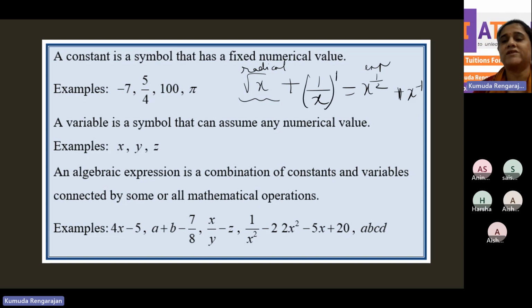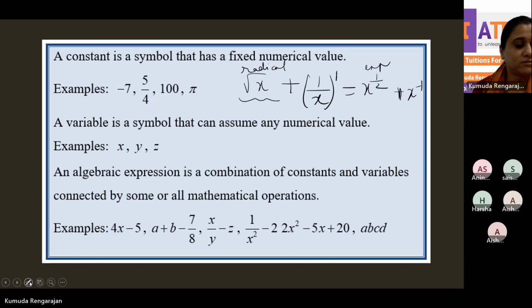1 by x is 1 by x to the power 1. Children, we have finished exponents here. Please recall the rule: reciprocal of the base, negative of the power. The base is 1 by x, its reciprocal is x, and the power 1 becomes minus 1.